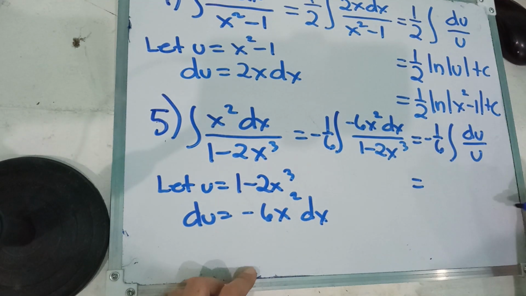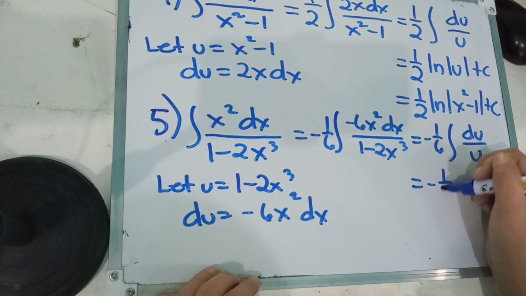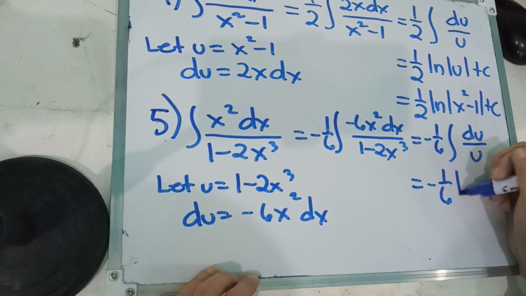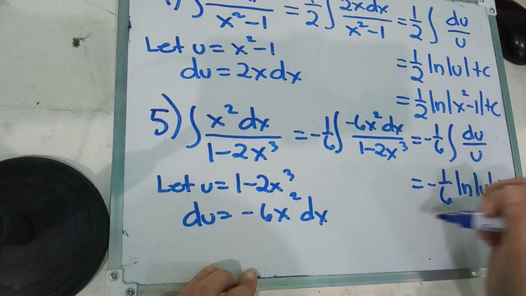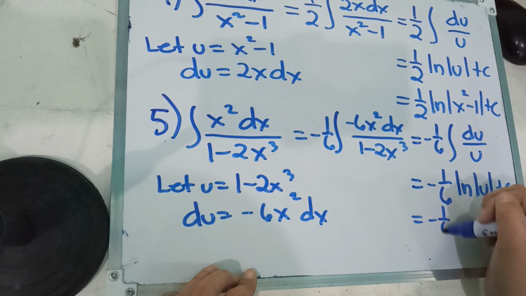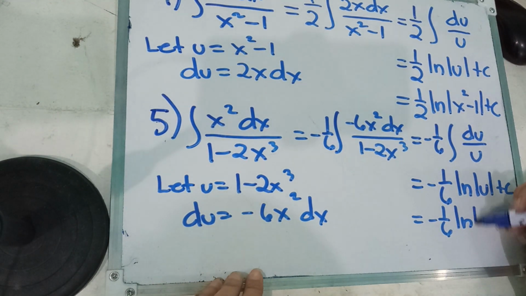Applying the rule for the natural logarithm, that's negative 1/6 ln absolute value of u plus c. Now, going back, the value of u is simply 1 minus 2x cubed plus c.